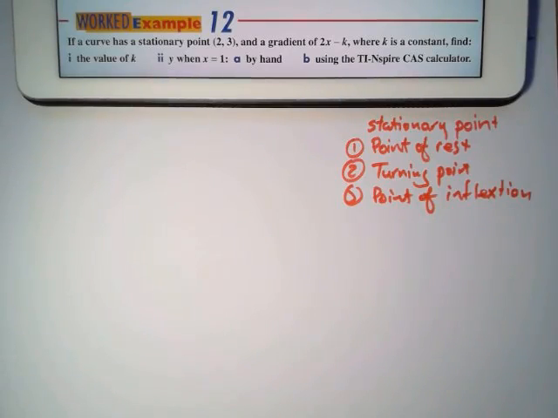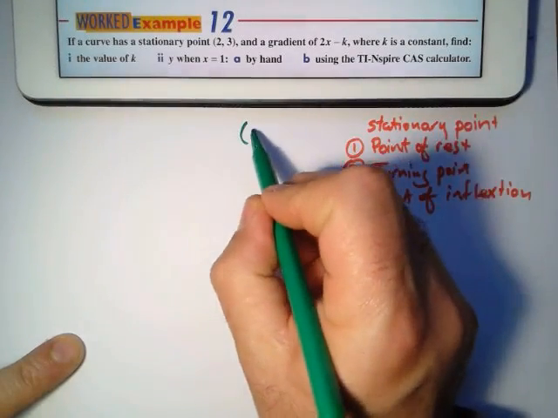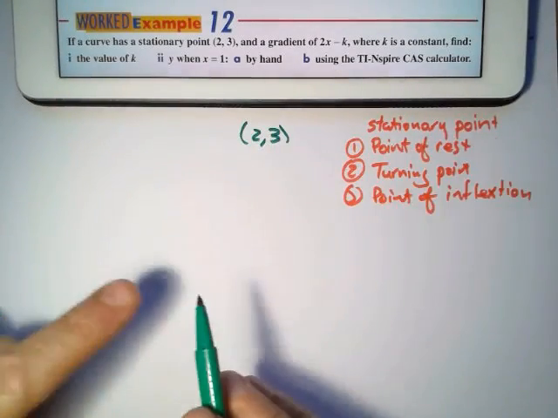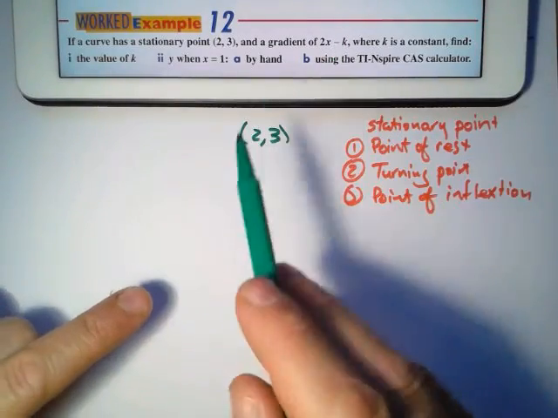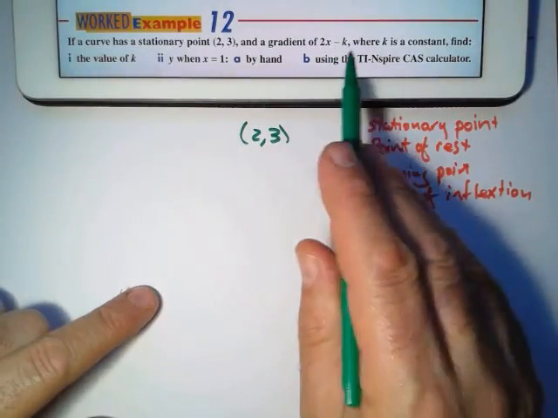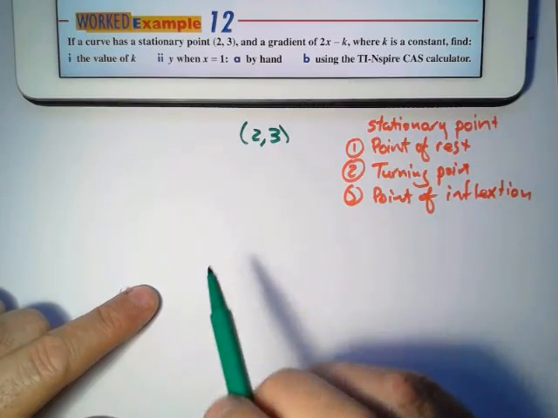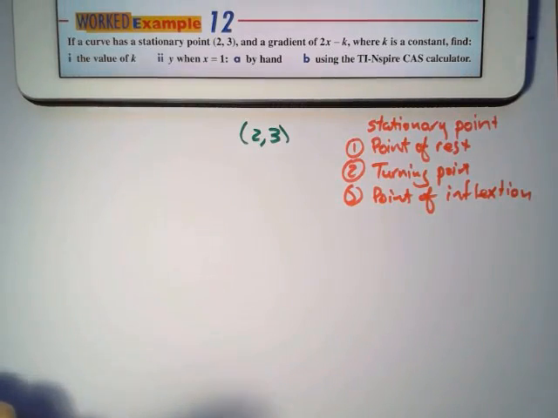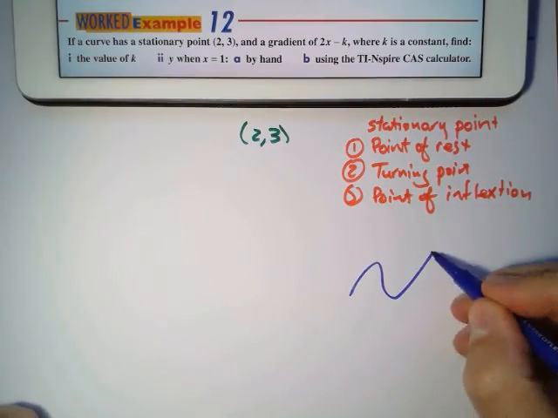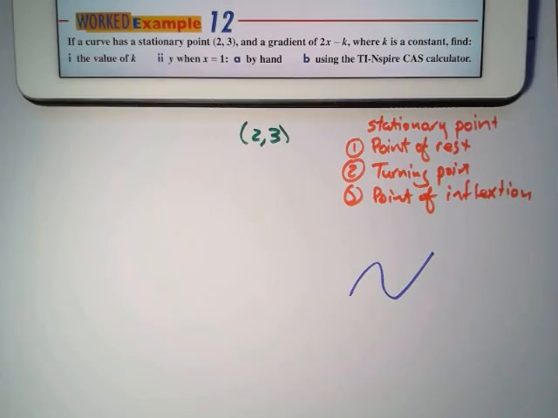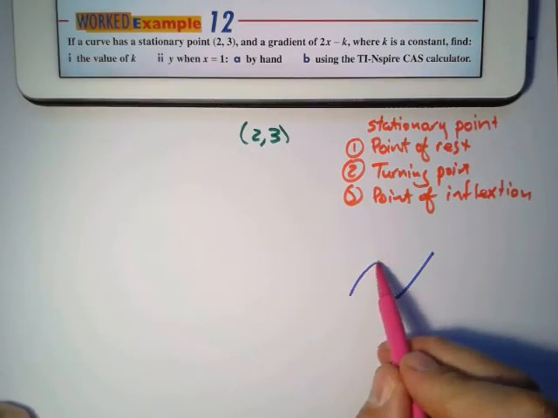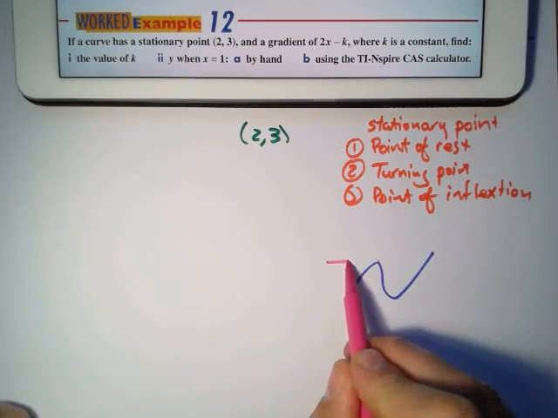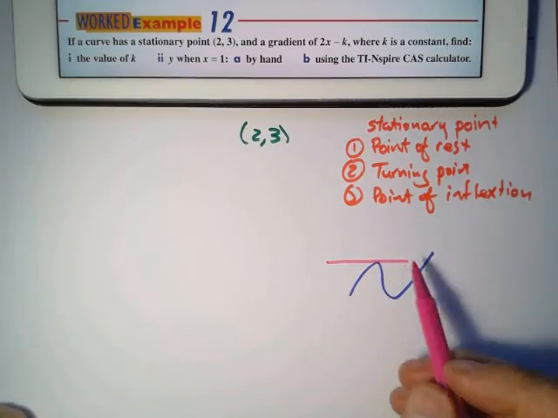So the stationary point is (2, 3), which means that the stationary point is not only going to lie on the gradient, it's also going to lie on the actual curve that I have. So if I have any curve, and I say that there's a stationary point, and I find what is the gradient at that point, right?